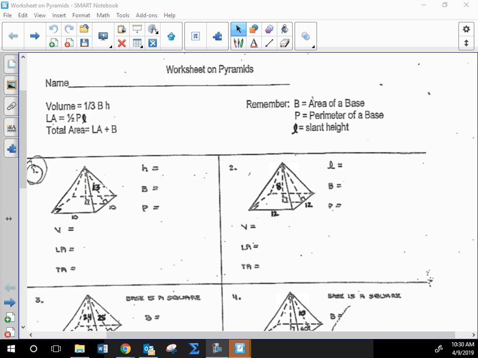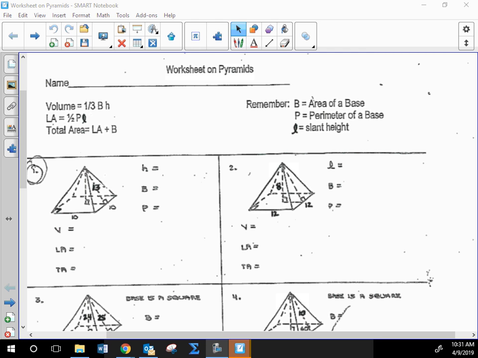And as you can see, it ends up being a third less. So our formula for prism was just simply area of our base times height. Well, for a pyramid, it's the same thing, just 1/3 of that. Our surface area formula for a prism was lateral area plus 2 of our bases. Well, for a pyramid, it's lateral area plus 1 base.